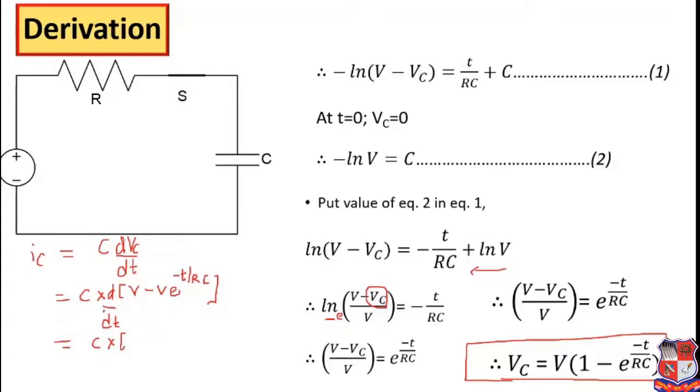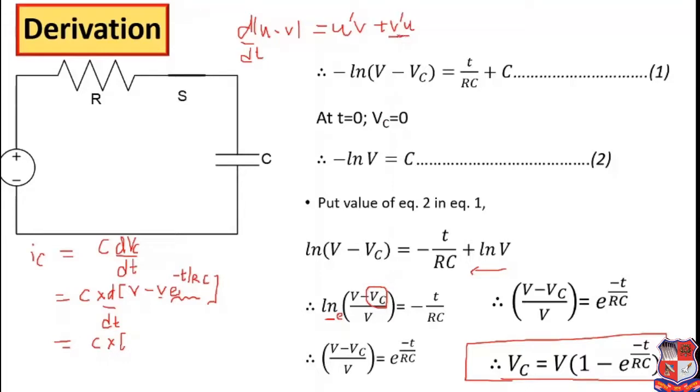This is d by dt of u dot v. You know that d by dt of u dot v is equals to u dash v plus v dash u. If you do this, v dash, the differentiation of V with respect to t, is 0. So you will be getting the answer for this term only.